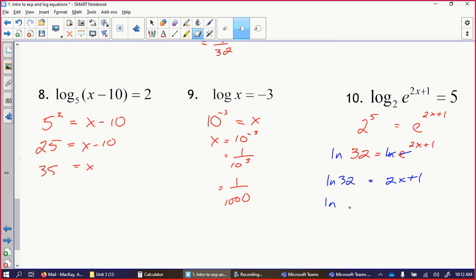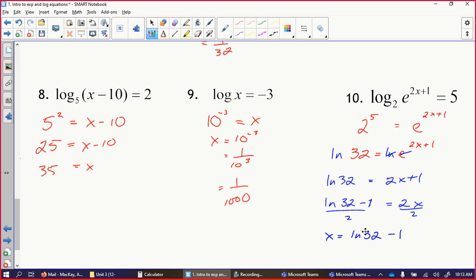Now this is another one where you could convert that to a decimal, but let's do it the pre-calculus, proper way. Ln of 32 minus 1 equals 2x. Divide by 2, divide by 2. X equals the natural logarithm of 32 minus 1 divided by 2.